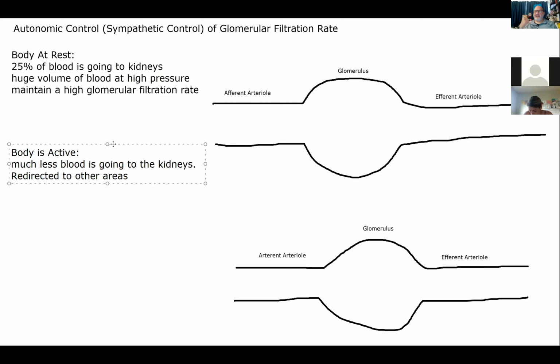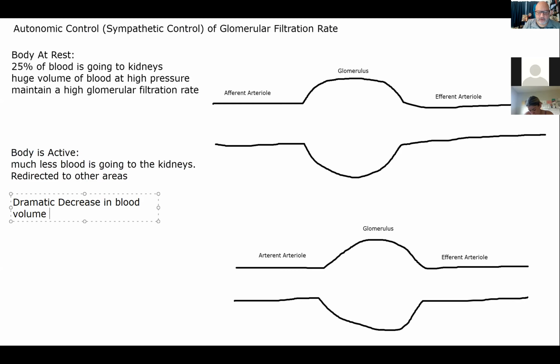Like the muscles, like the lungs, because we're actively moving and running around. So we have a dramatic decrease in blood volume going to the glomerulus.